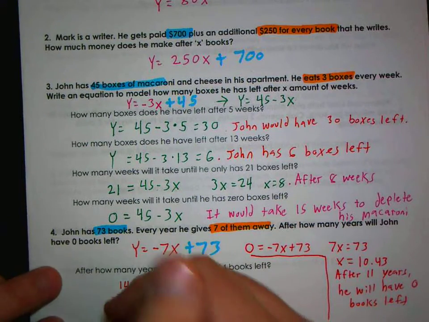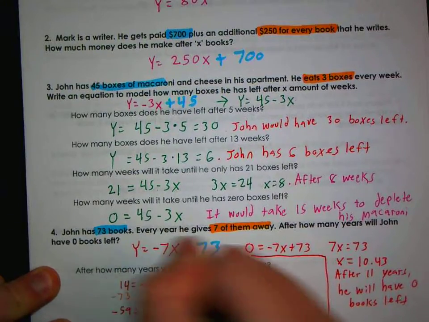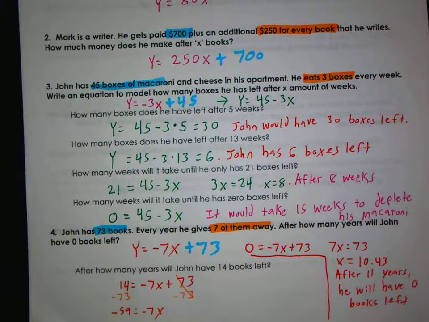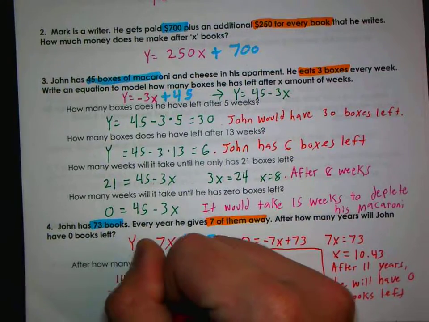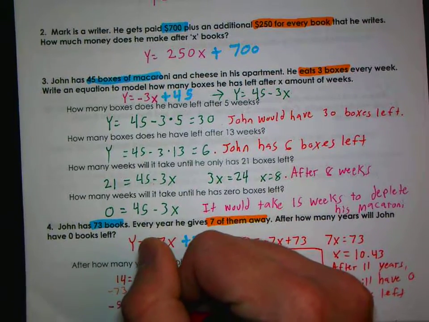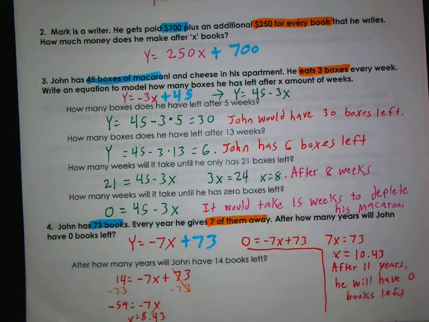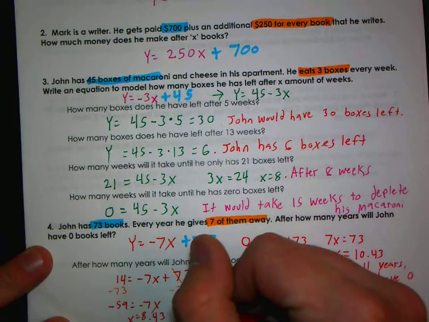Negative 59. Negative 59 divided by negative 7 is 8.43. And again, after 8 years, they'll still have more than 14 books left. So I would round that to 9, after 9 years.